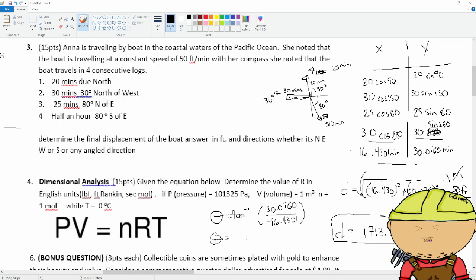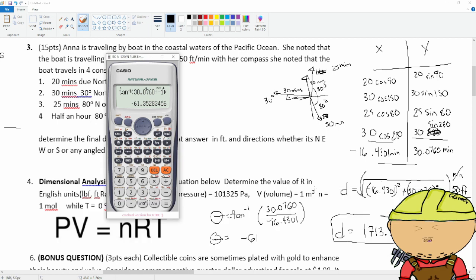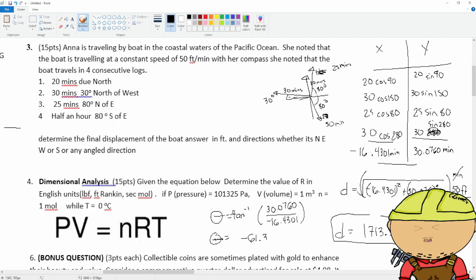We have negative 61.3528 with respect to positive x, negative y. Negative x, positive y, that's negative.